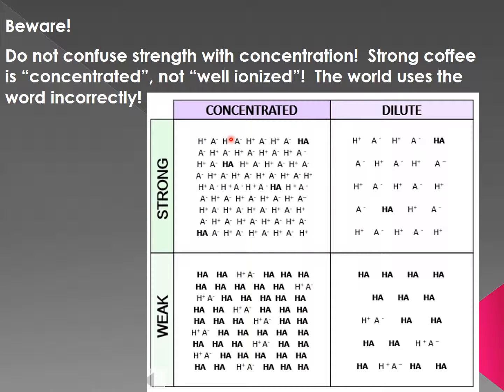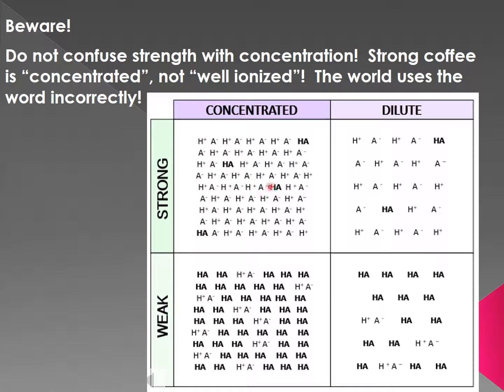Look at this graphic here, where I show a strong acid that is concentrated and a strong acid that is dilute. In the strong acid section, the acid is represented by HA, that's the hydrogen and the anion part. If you look at the concentrated solution, you'll see that it's mostly H's and A's. There's only a very few HA's that are still together.